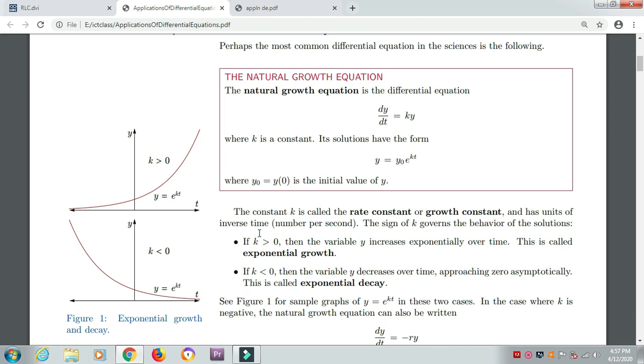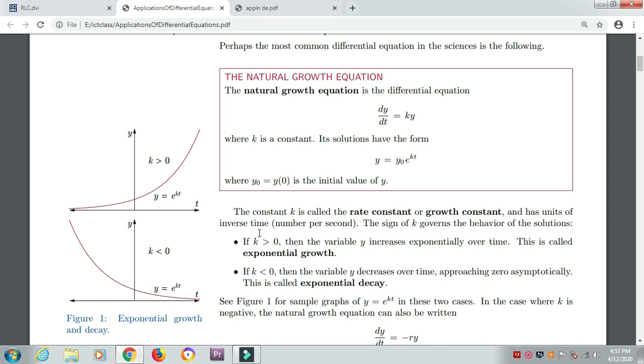The sign of k governs the behavior of the solutions. So there are two cases here. First case is k greater than 0 and the second case is k less than 0. First, if the constant k is greater than 0, that is a positive number, then the value of y increases exponentially over time.